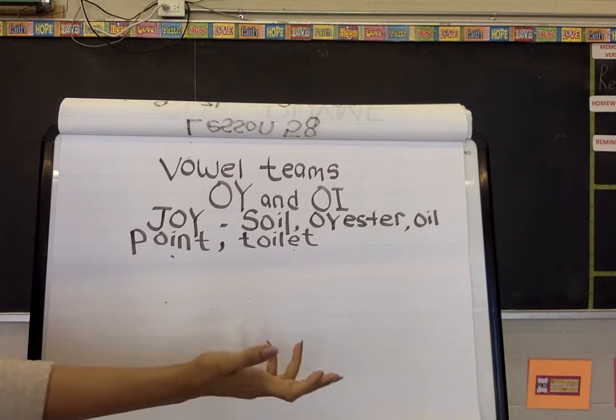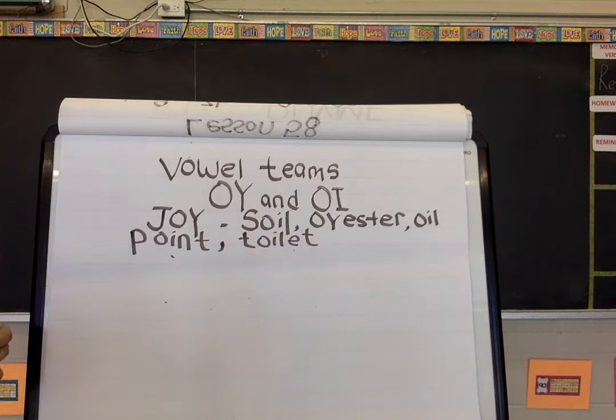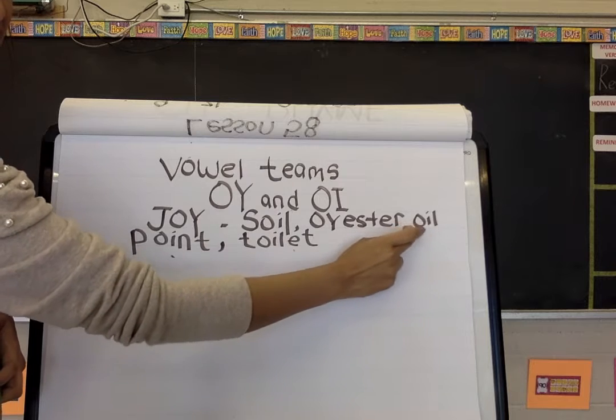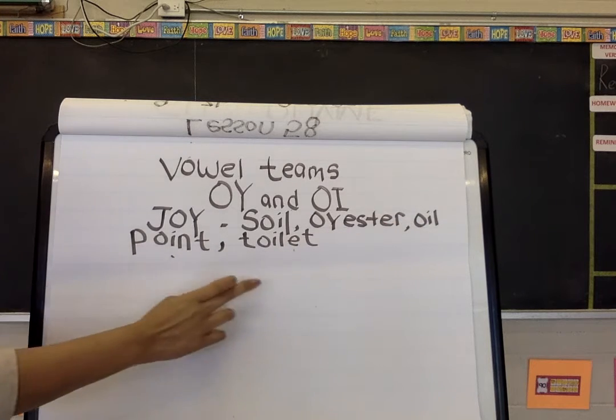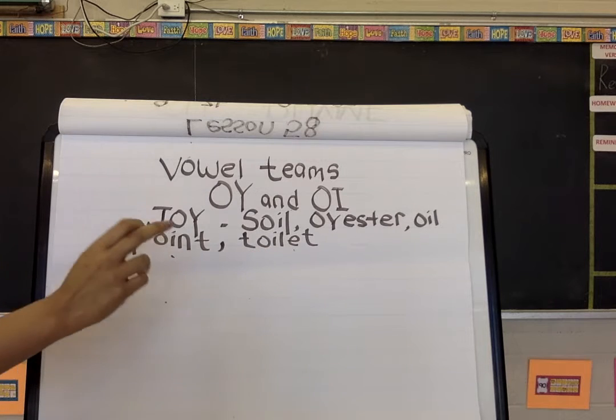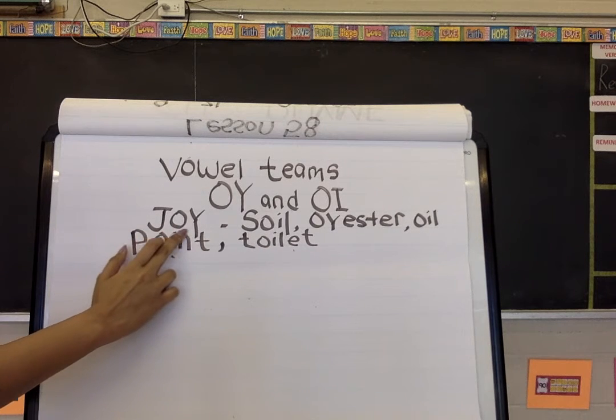Okay? We don't spell the word oyster OI, we spell it OY. When we see the OI sound in the beginning, we use OI. When we see it in the middle, we use OI. Only when we have it at the end, we use OY.